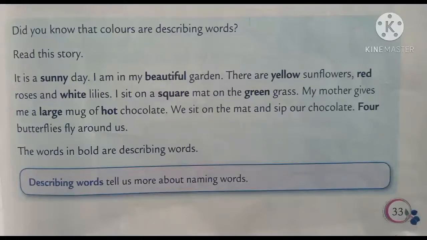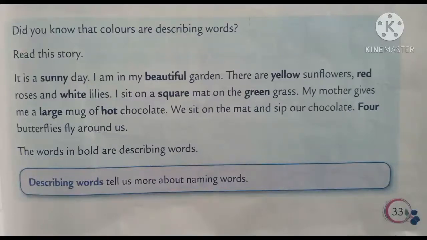Okay, children. Next, there are yellow sunflowers. Now, what kind of sunflowers, children? Yellow sunflowers. So, the word yellow is telling us something more about the sunflowers. See further, red roses.